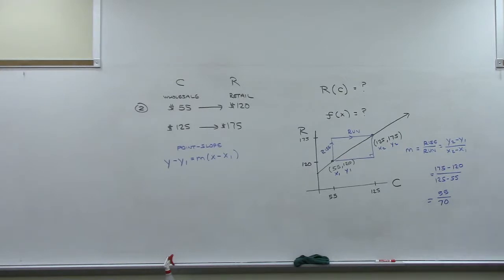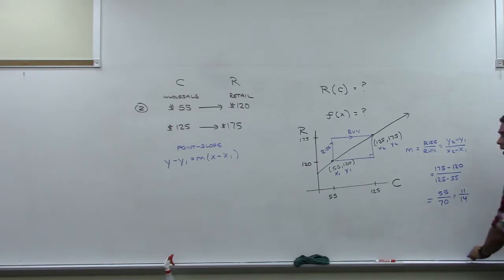Okay, so 55 over 70, and we can reduce that fraction, just make sure my math is right there. We can reduce that fraction. Let's see, 5 goes into each of these. 5 goes into 55 11 times. And 5 goes into 70 14 times. So 11 14ths, that's our slope.